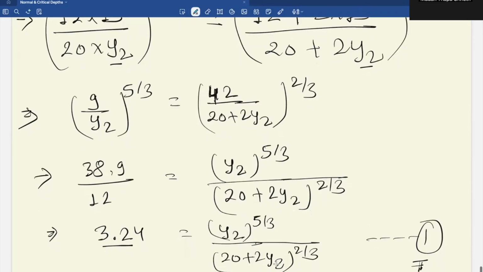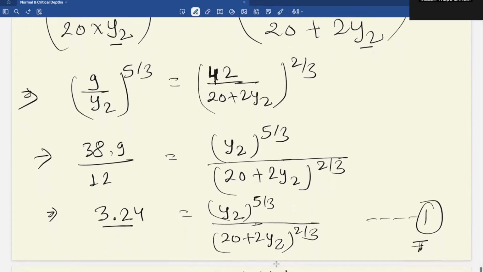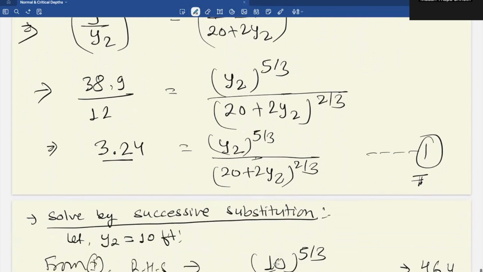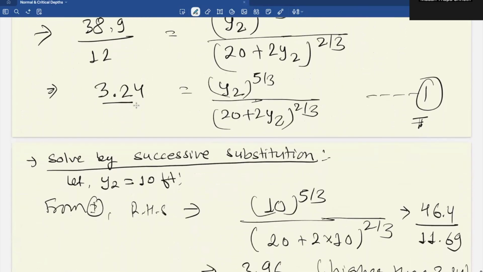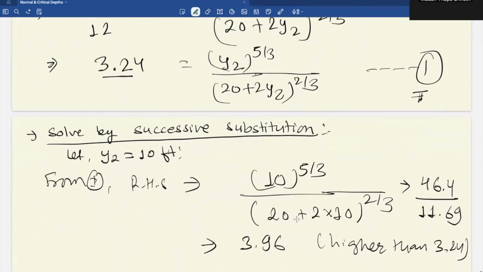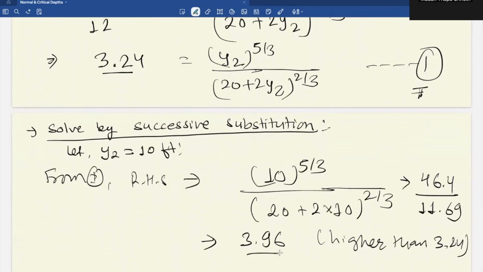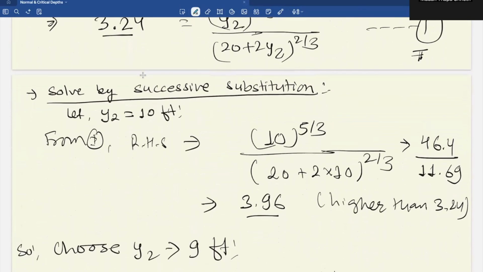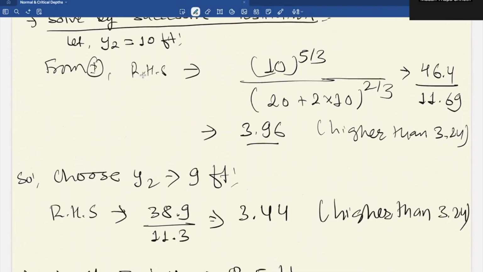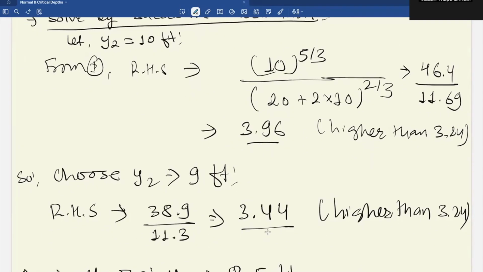So now let us use the same technique, that is the hit and trial or trial and error approach. Let us use the value of y2 as 10 feet first. Our LHS is 3.24. Let us compute just the RHS. That gives us 3.96 feet, and our LHS is 3.24, so it is slightly higher. So let us do y2 as 9 feet, and that gives us 3.44. It is also slightly higher than 3.24.